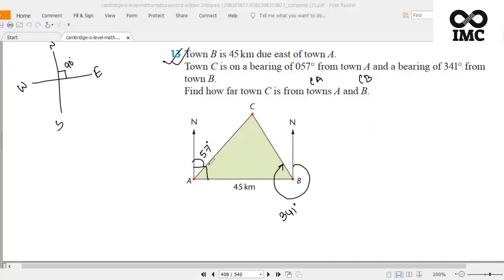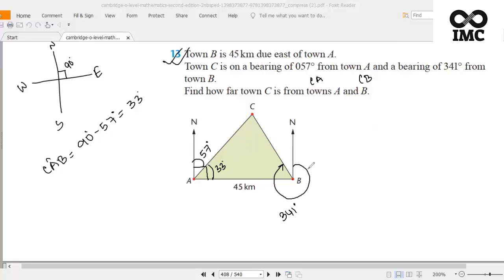If this angle is 57, then angle CAB will be 90 degrees minus 57 degrees, so it will be 33 degrees. So this measurement will be 33.